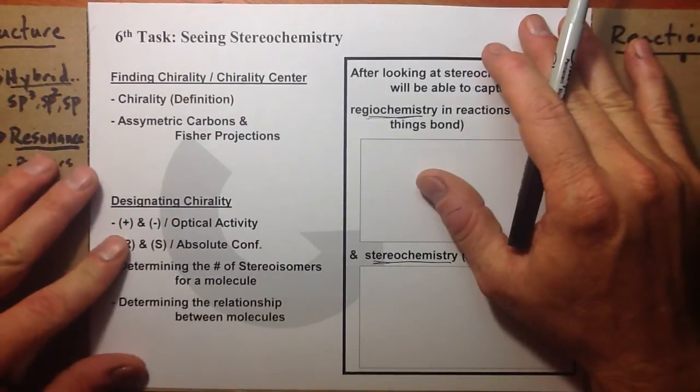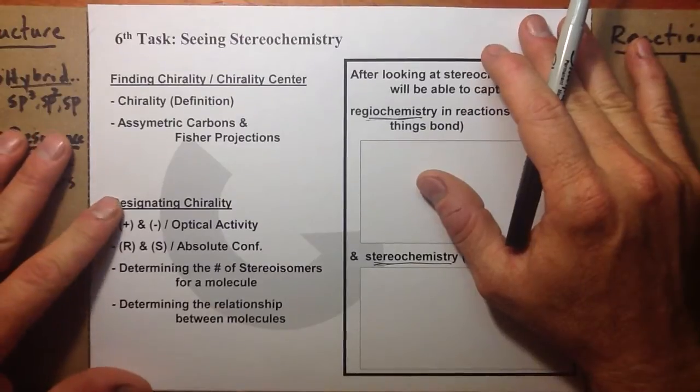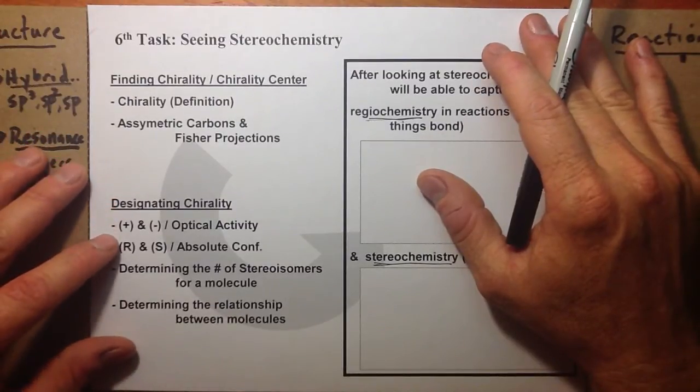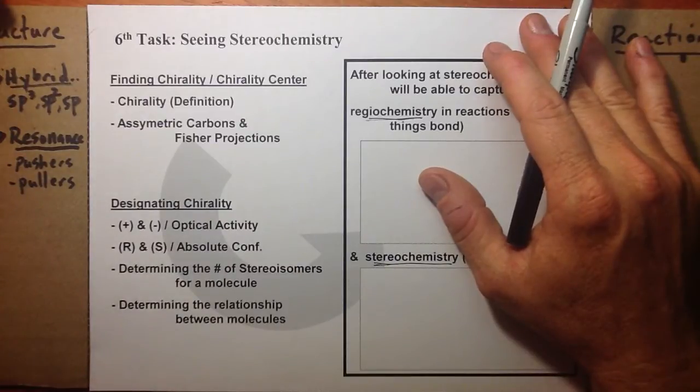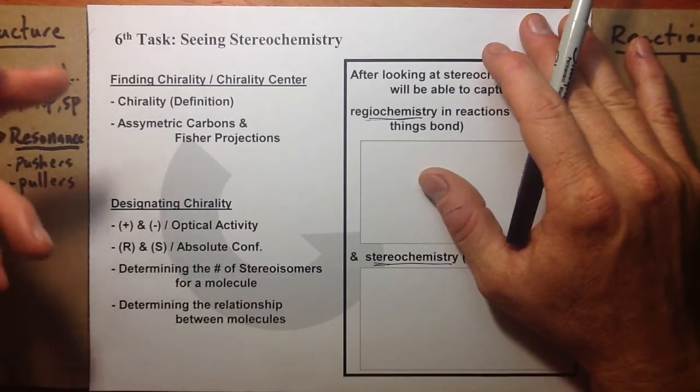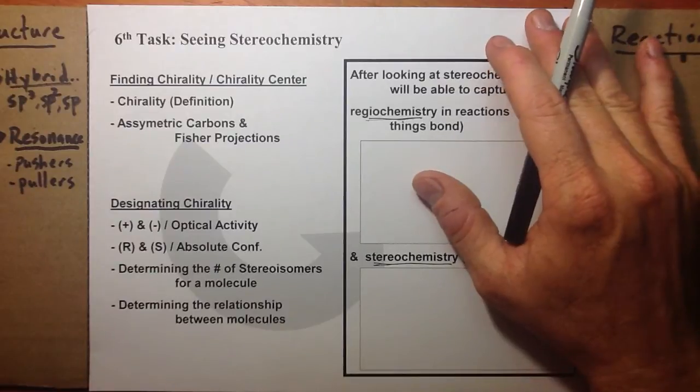Then the last video we'll look at relationships, determining number of stereoisomers for a particular molecule and relationships between different molecules that are stereoisomers.